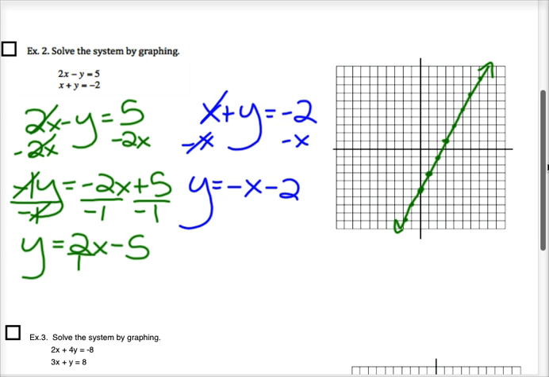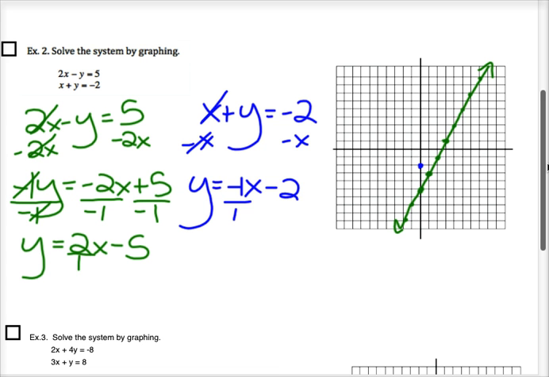All right. So again, we are going to start with our y-intercept. This time our y-intercept is down at -2. And that -x means I have a slope of -1. But again, thinking in slopes, we usually like thinking in fractions. So really it's -1 over 1.